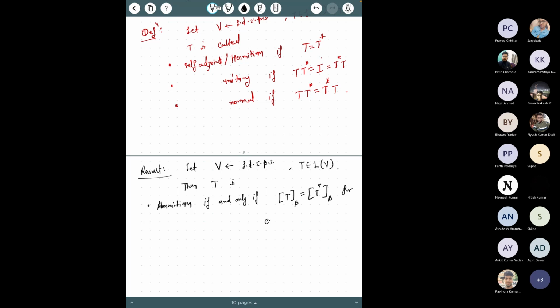This is important here. For every orthonormal basis, if this is true, then it's Hermitian, and the other side is also true.